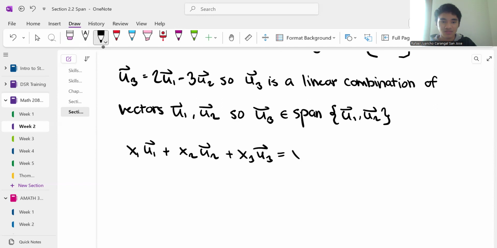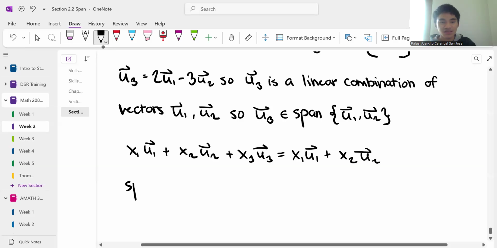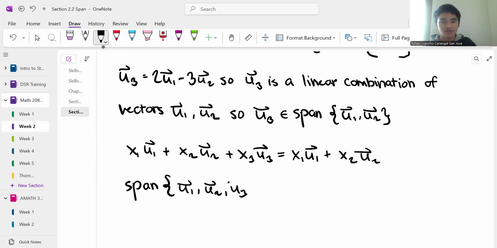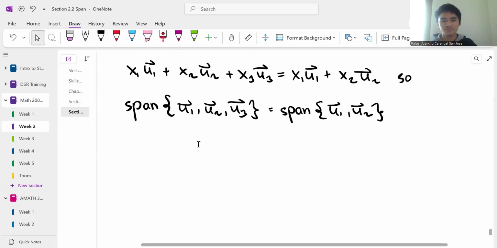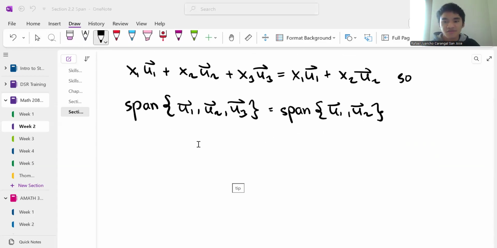This is the same as this guy, the linear combination of only two vectors. And so what does that tell us? That tells us the span of u sub 1, u sub 2, u sub 3 is actually the same span of u sub 1, u sub 2. Right? Just a fun fact here. I'll let that sink in for a bit.